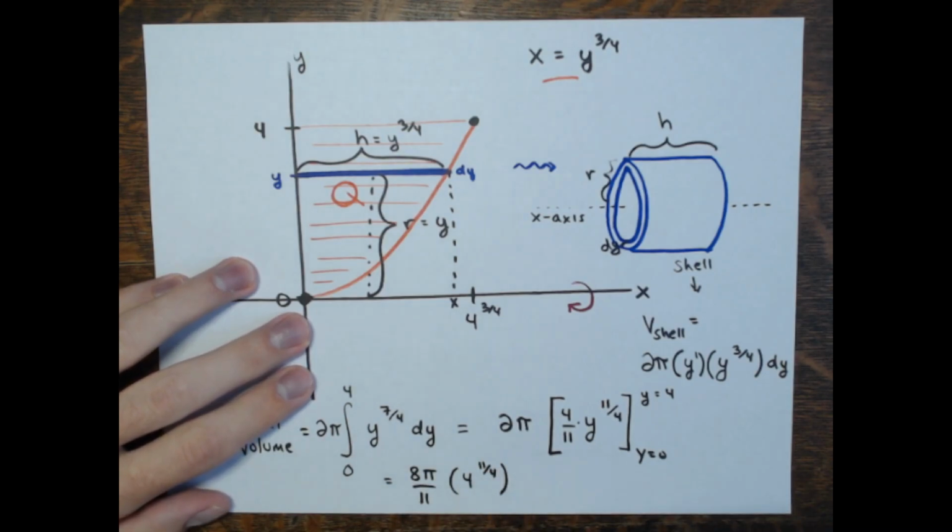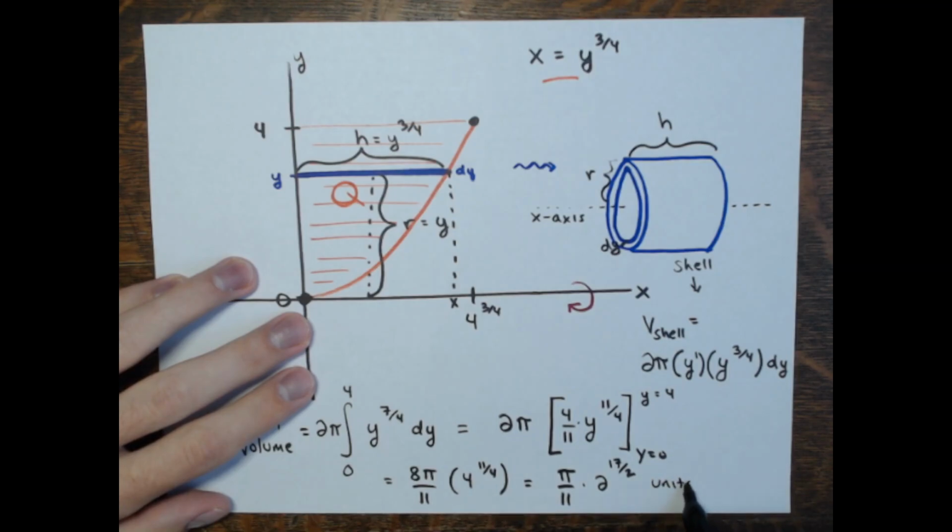Now you could simplify this a little more. This is 2 squared to the 11/4, so 2 to the 11 halves. And this is 2 to the 3, so 2 to the 6 halves. That'd be 2 to the 17 halves times pi over 11. But this should be good as well. But I'll write that though. Pi over 11 times 2 to the 17 halves, which is 8.5 and whatever.